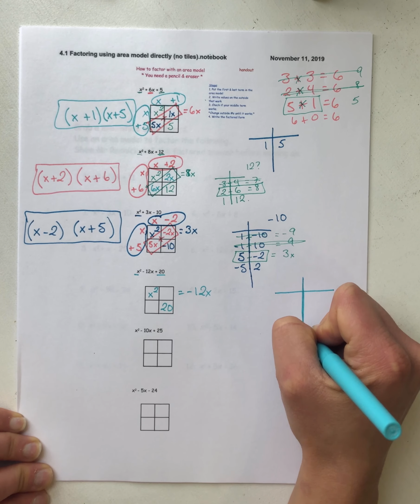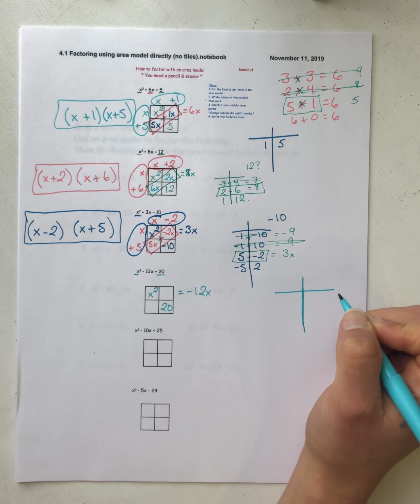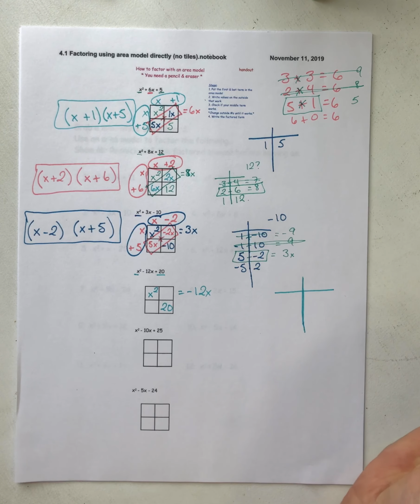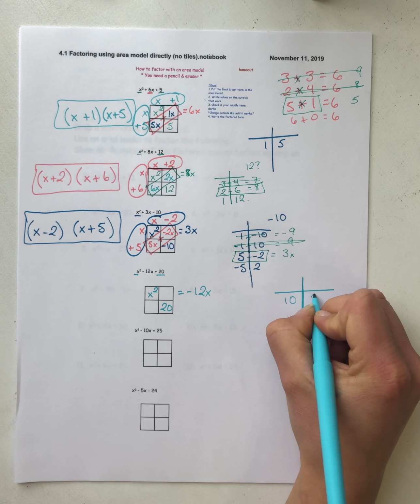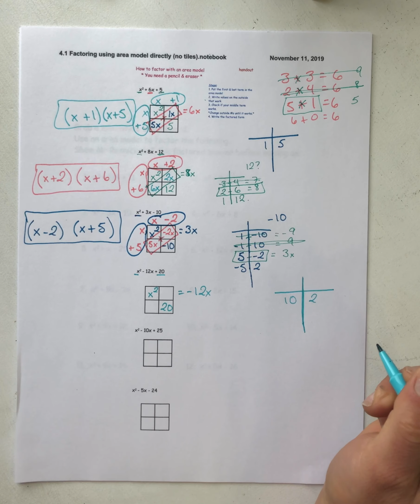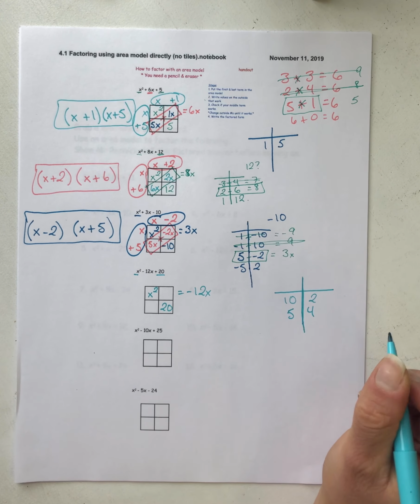can we multiply together to give me 20. Well, we can do 10 and 2. We can do 5 and 4.